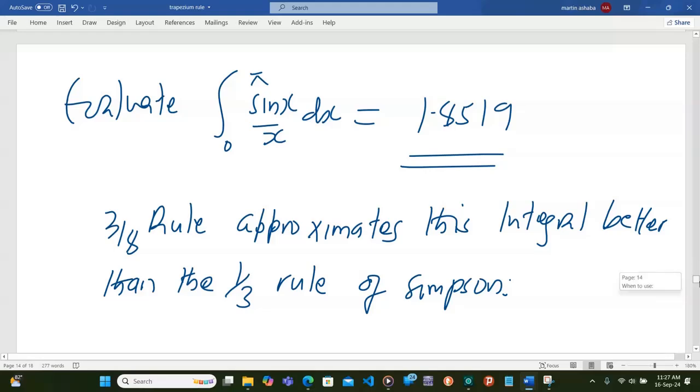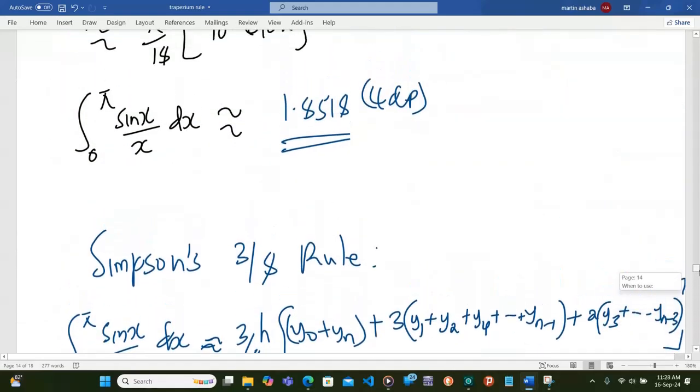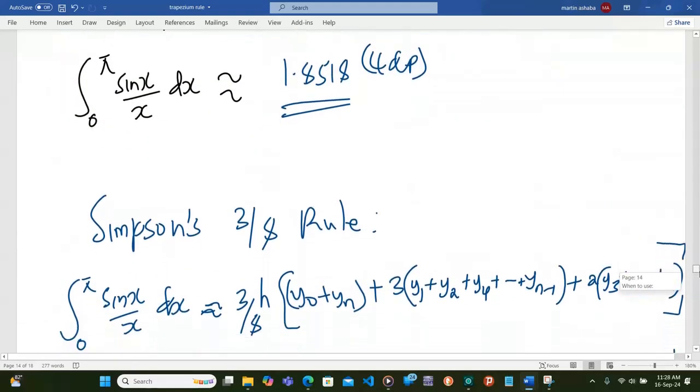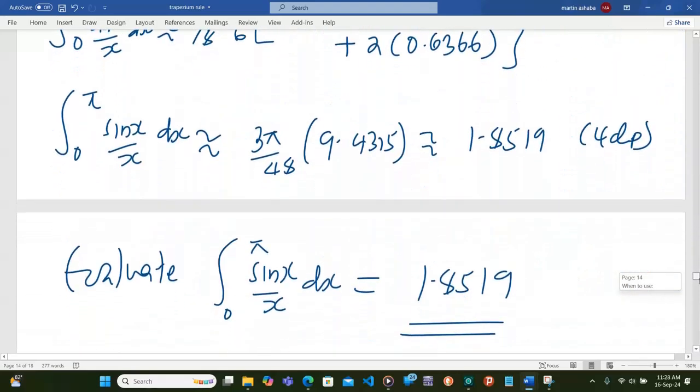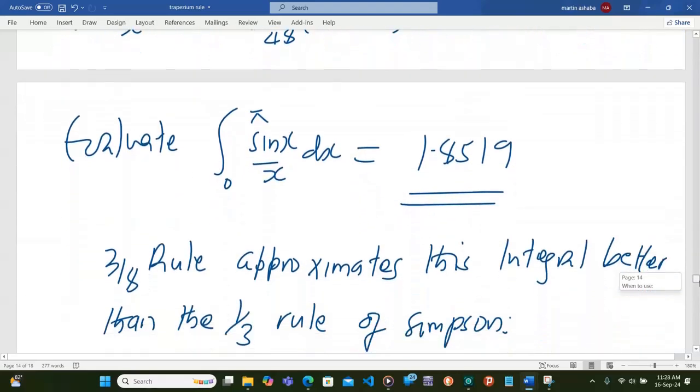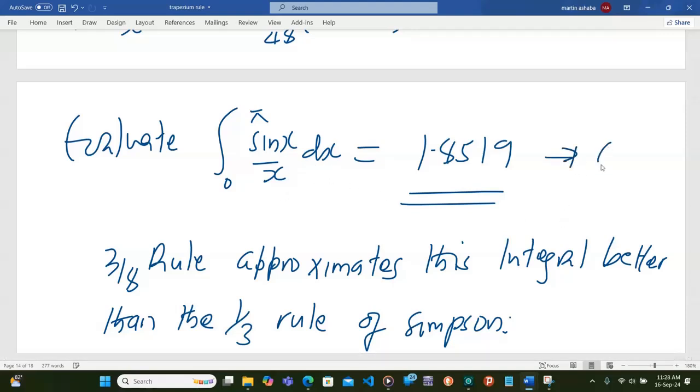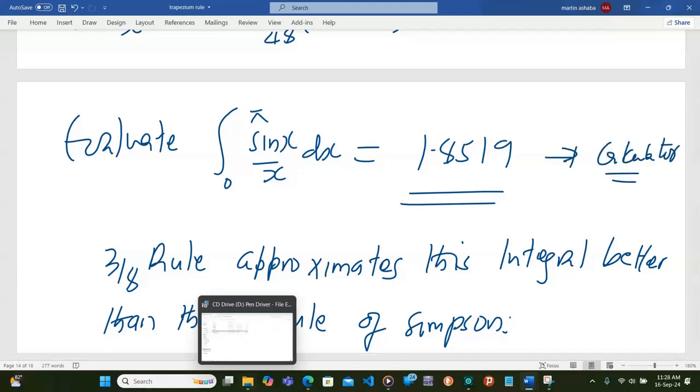Because when you look at the other one for Simpson, it is 1.8518. For this one, it is 1.8519, which is almost the same as when we use our calculator. Thank you so much.